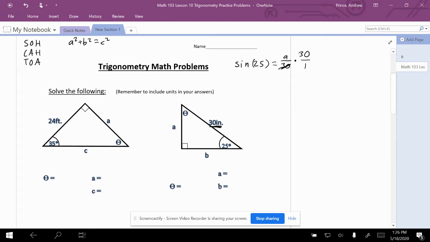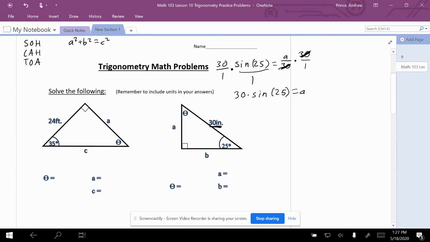So I have a 30 on the bottom and a 30 on top, which cancel out, but I have to do the same thing to the other side, right? Anything over 1 is itself. After I cancel those out, I'm left with 30 times sine 25 equals A, my unknown side.